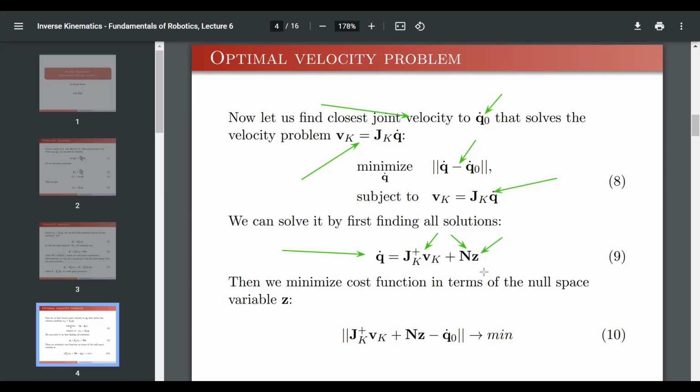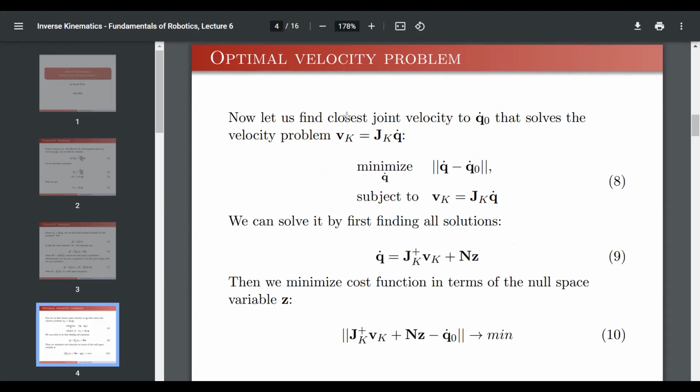You remember when we talked about kinematics, we said that Euler angles, for example, or joint angles parameterize matrices. So here we say z parameterizes this equation. What changes in this equation is z. This is fixed, and only z changes. So those are parameters.